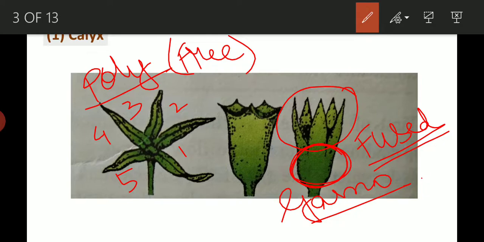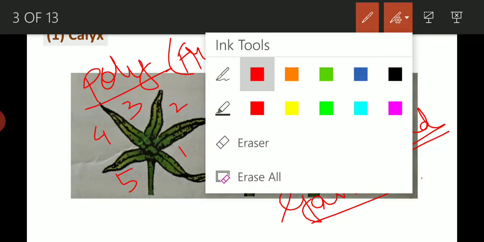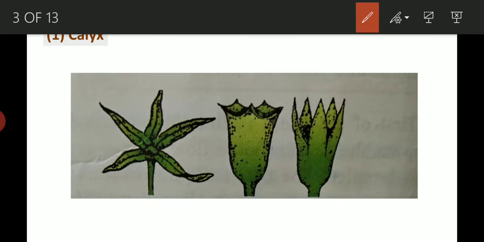Sometimes in the case of hibiscus, it is found that there is a second series of sepals. Suppose this is the sepals, and there are some sepals in a second series.